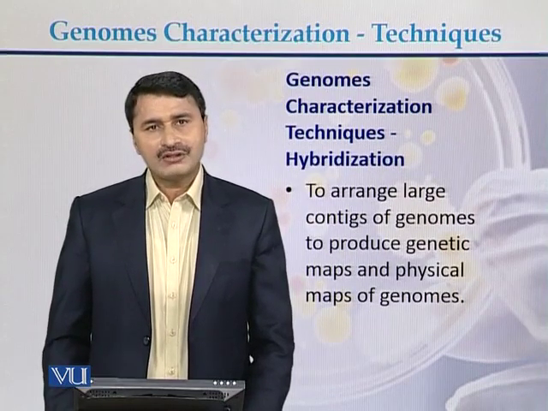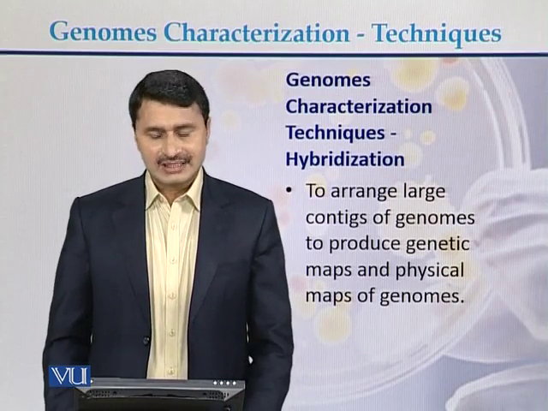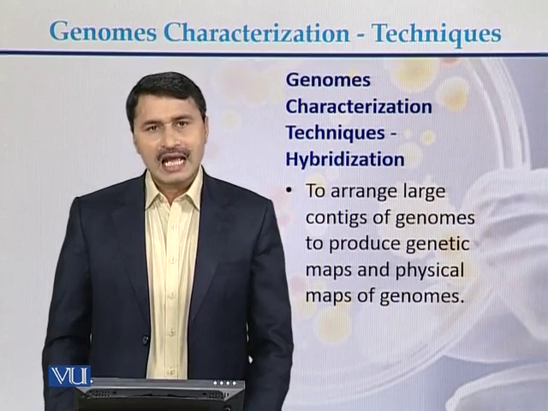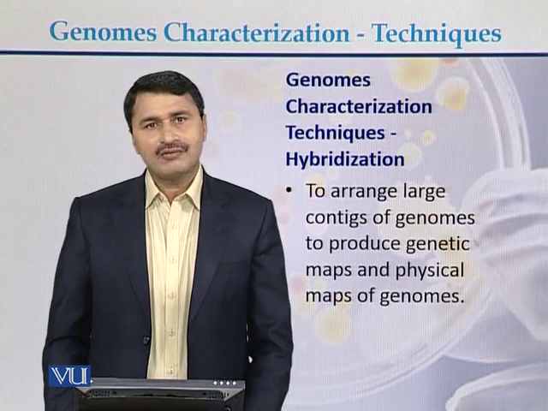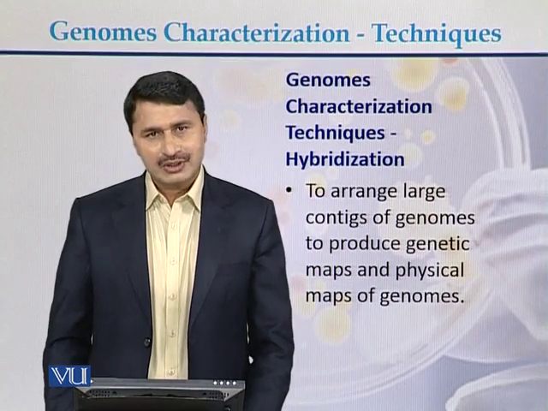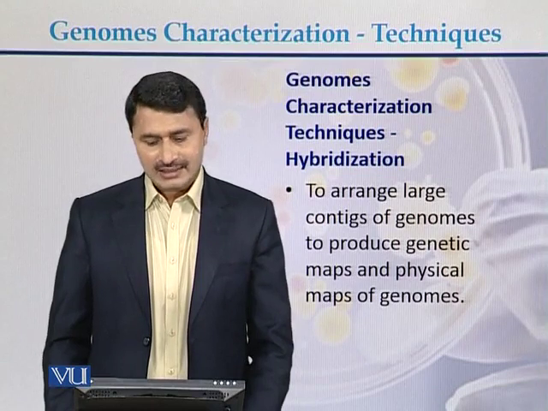Another technique which was used to sequence the genomes was hybridization. To arrange the genomes, large genomes were cut with the help of restriction enzymes and inserted into the BACs or YACs.